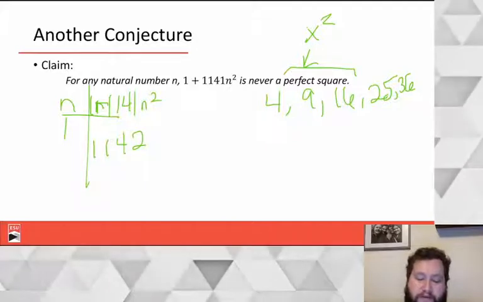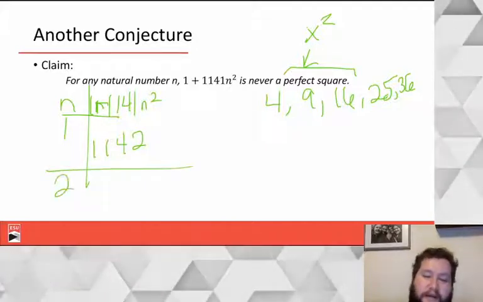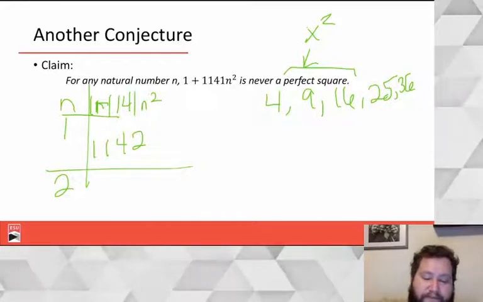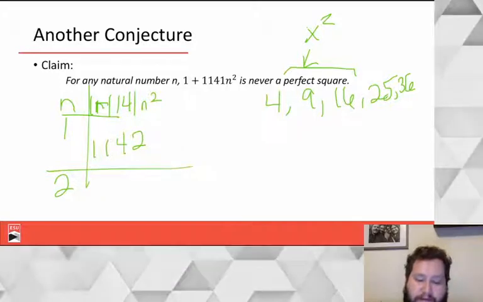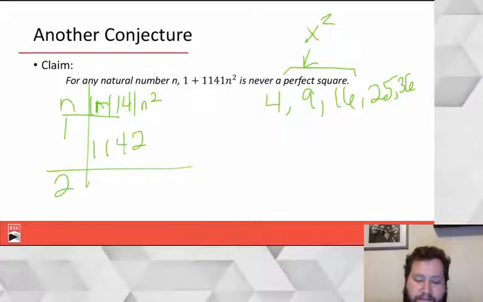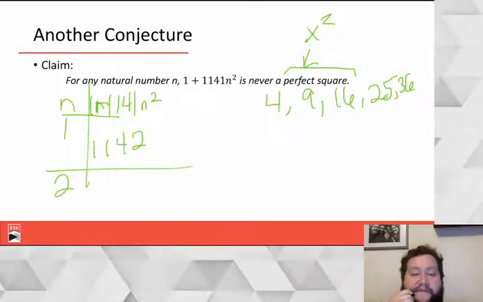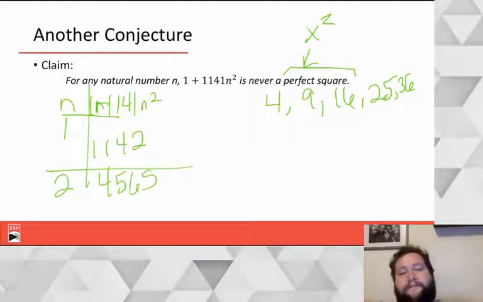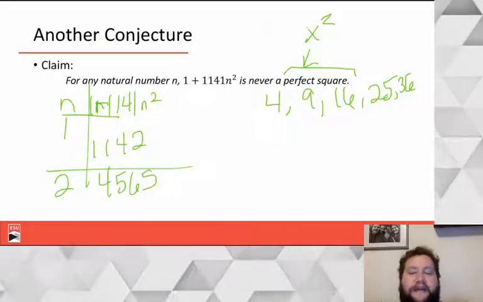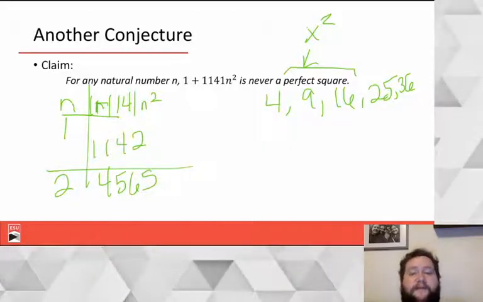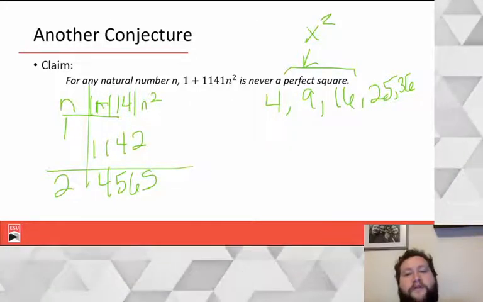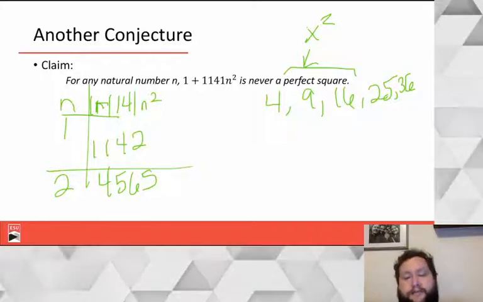If you do 2, we're going to get a bigger number, 4 times 1141 plus 1. Here we have 4565. If you take the square root of that, it's not going to be a perfect square. If you take 3, it's not going to be a perfect square. 4 is not going to be a perfect square, and so on and so on. So it feels like that's probably true.